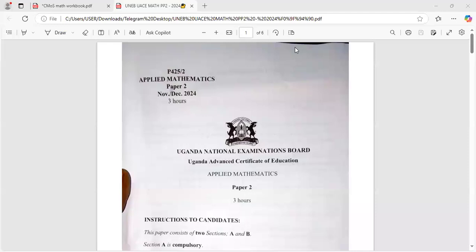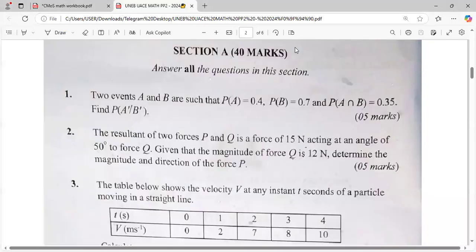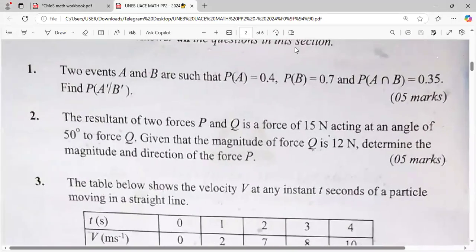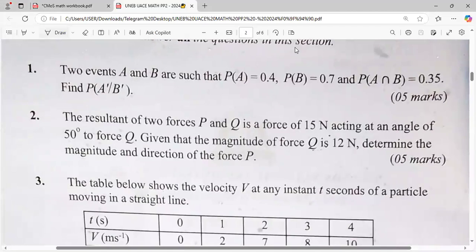So you look at my screen now. I think you can now see the paper. I was talking of number 5. We began with that number 2 you're seeing. The question gave us a force and an angle.